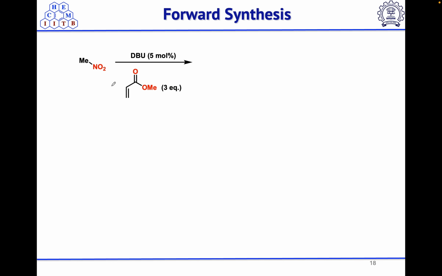So we took nitromethane with a catalytic amount of DBU, and three equivalents of methyl acrylate. It will give three additions, three times one addition product, to this carbon, so you will get this triple C-C formation product.